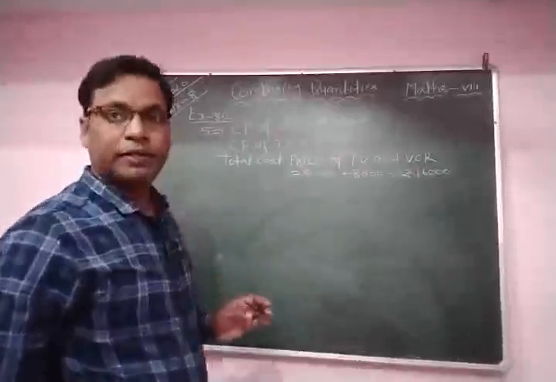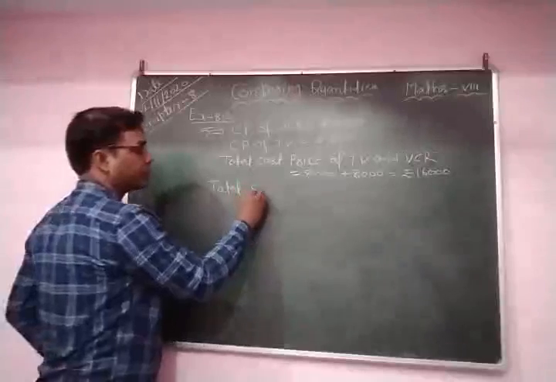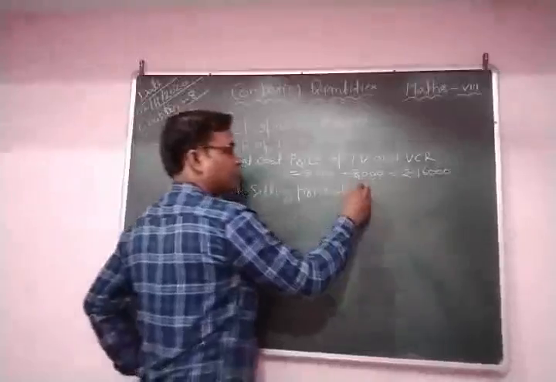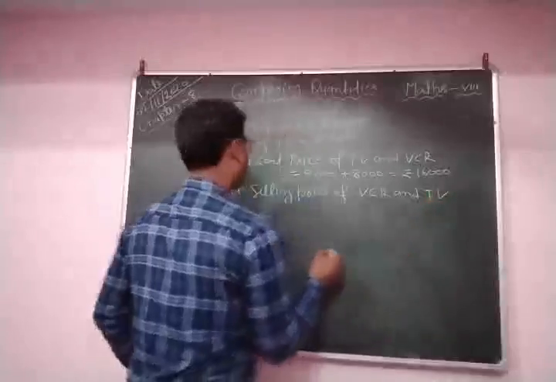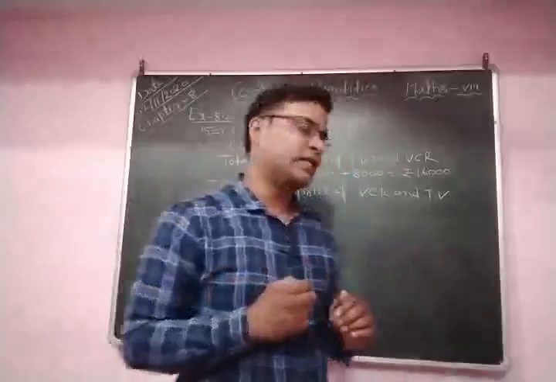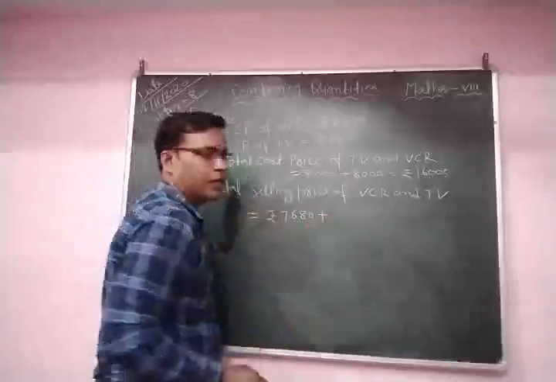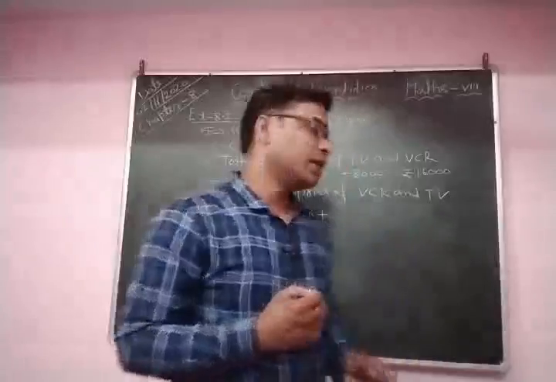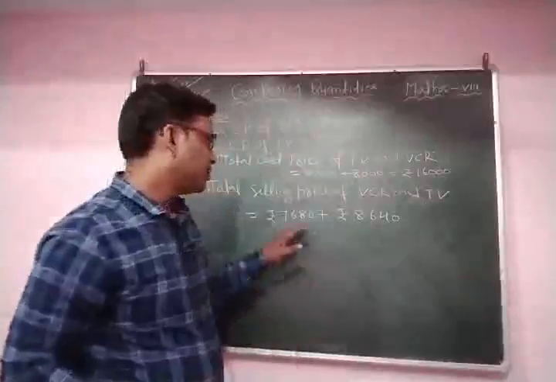Total selling price of VCR and TV: the selling price of VCR we find is 7,680 rupees, plus the selling price of TV, which is 8,640 rupees. This is the selling price of VCR and TV.